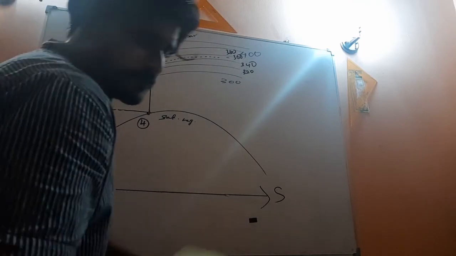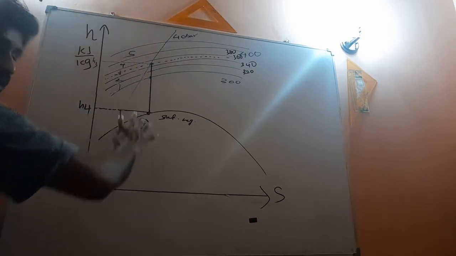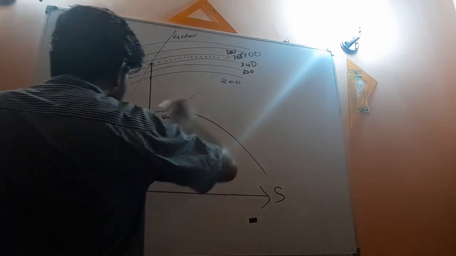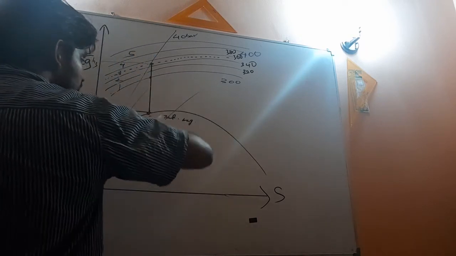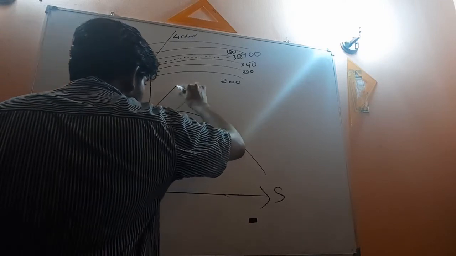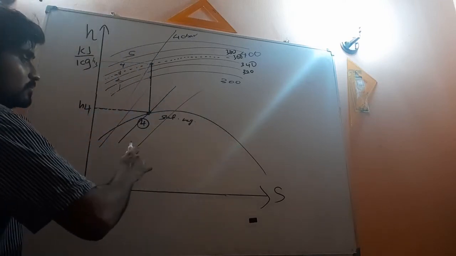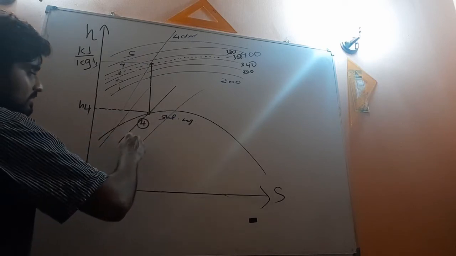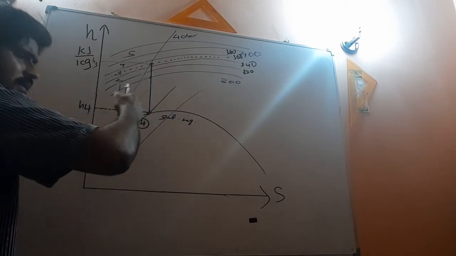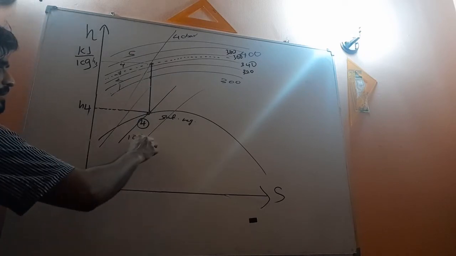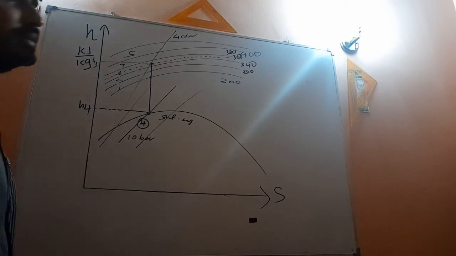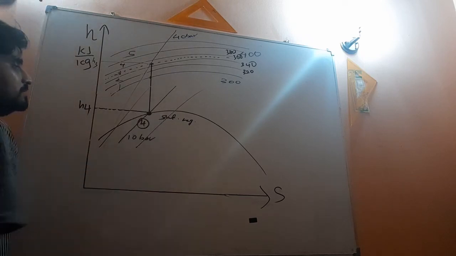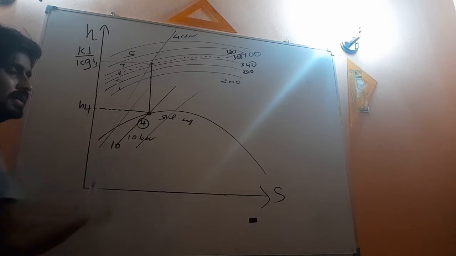There are several pressure lines going close to that point, so you have to select the nearest pressure line that passes through that point. That is 10 bar. So at the end of the first stage expansion, you have 10 bar dry saturated steam, because the 10 bar line is the nearest pressure line.